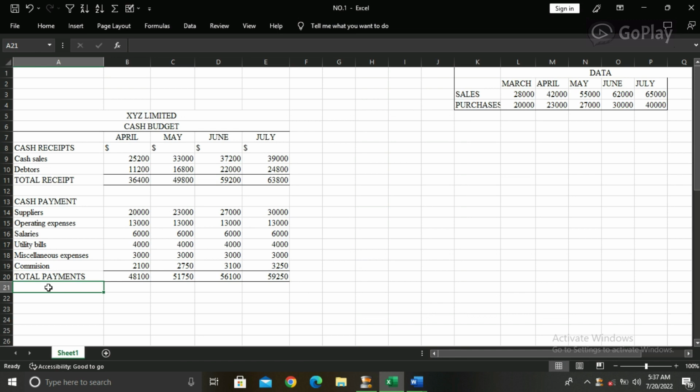Yeah, so after getting the total payment, like I was saying, the next thing is to subtract the total payment from the receipt. That will give you either surplus or, in bracket, deficit, meaning the deficit will be in bracket. So here too, I'm going to use my Excel calculator to subtract the payment from the receipt.